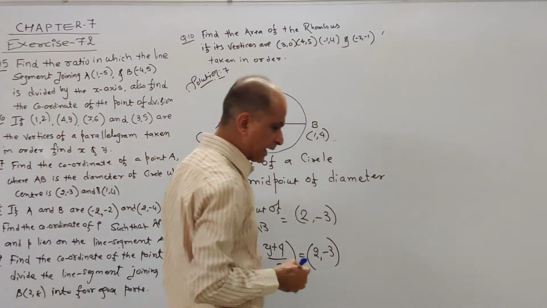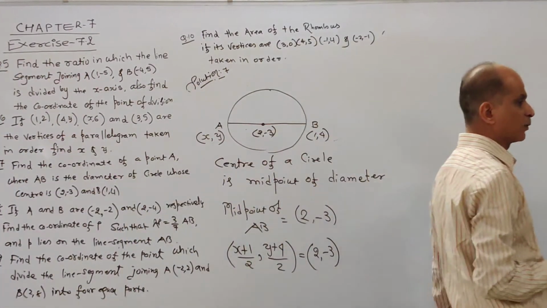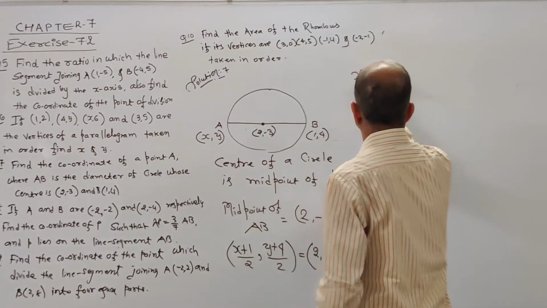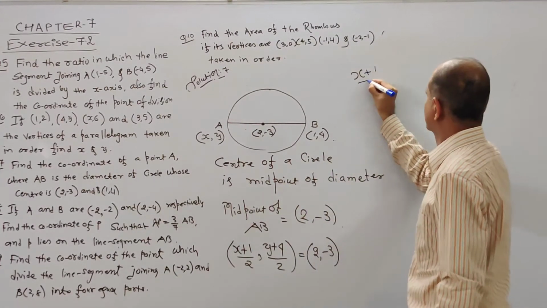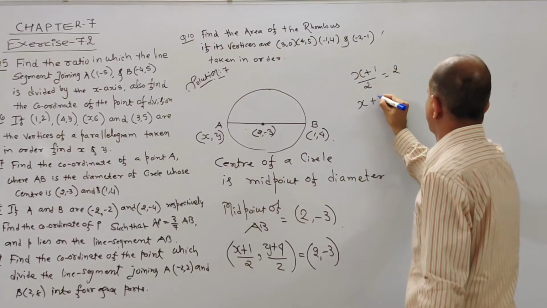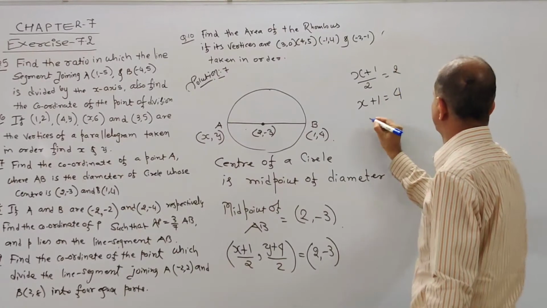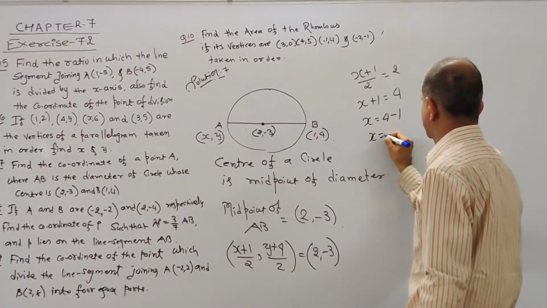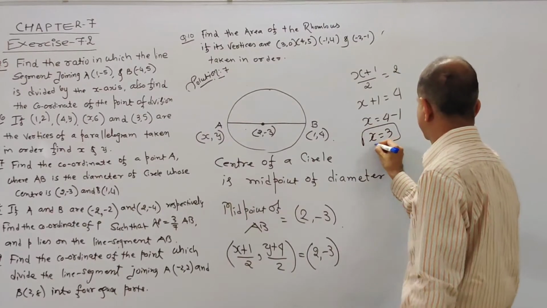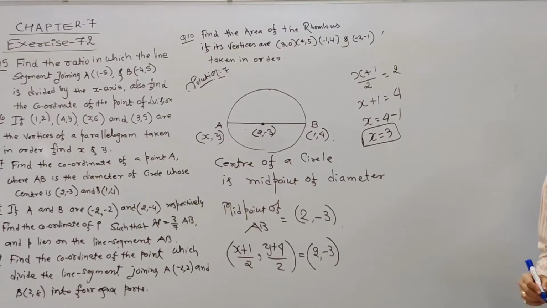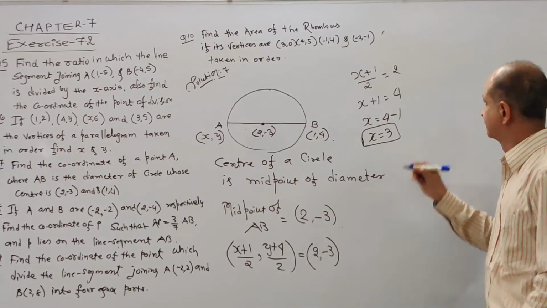Now by comparing the x coordinate as well as the y coordinate, you can easily find the value of x and y. (x + 1)/2 is equal to 2. So x + 1 is equal to 4, so x is equal to 4 minus 1, so x is equal to 3. Similarly, by comparing the second coordinate, you can find the value of y.